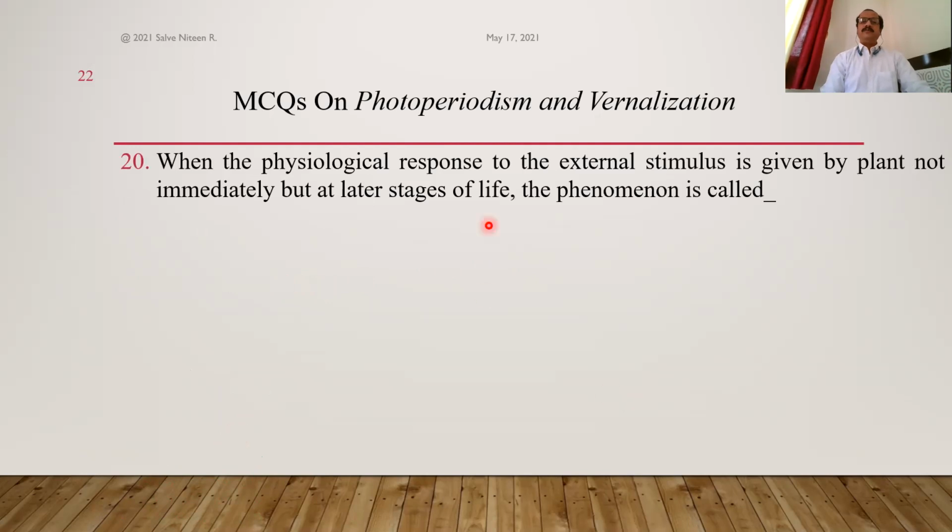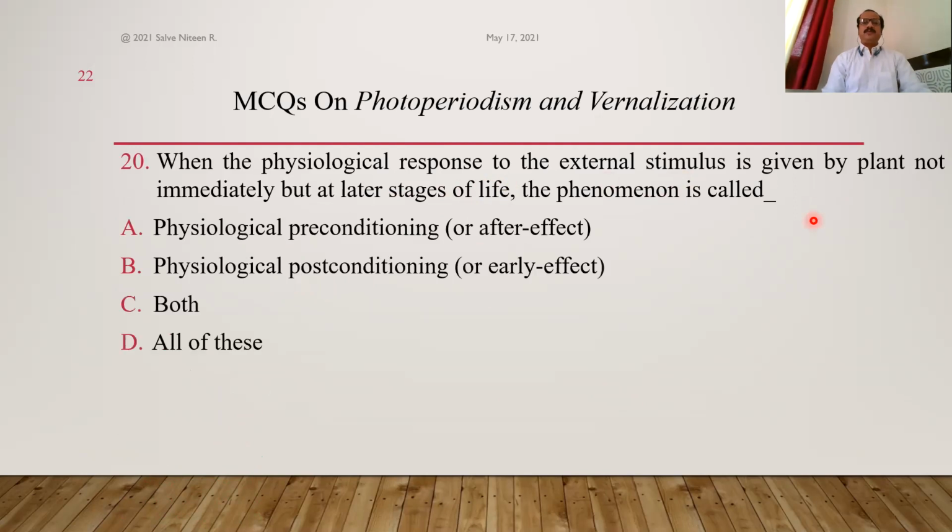Okay. When the physiological response to an external stimulus is given by a plant not immediately but at later stages of life, this phenomenon is known as physiological preconditioning or after effect. When there is an external stimulus, we usually give an immediate response.